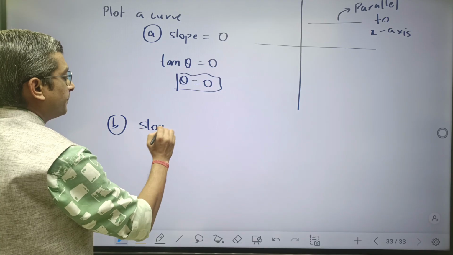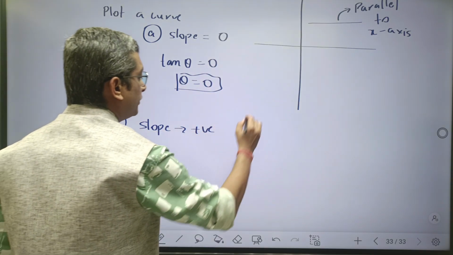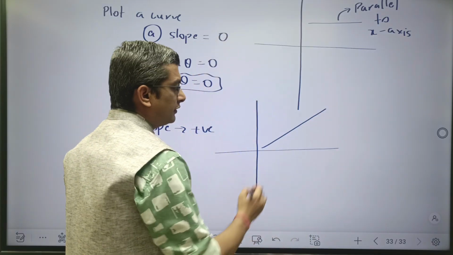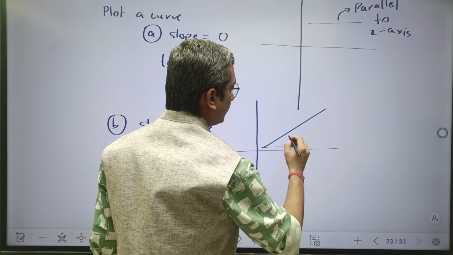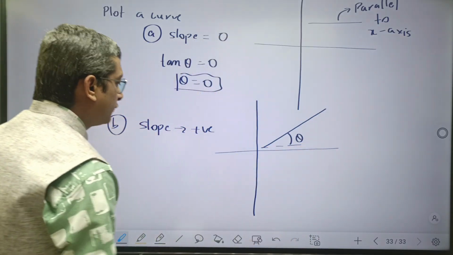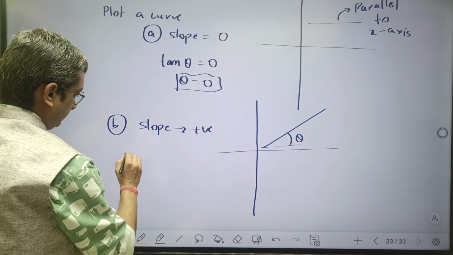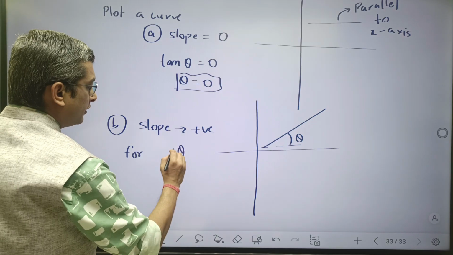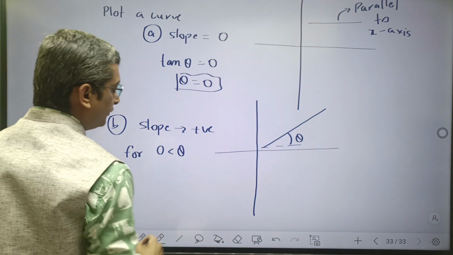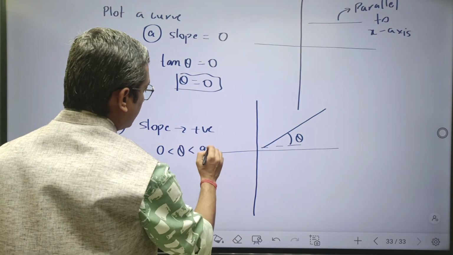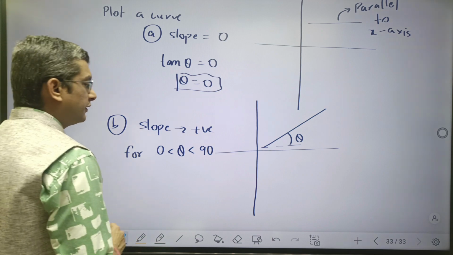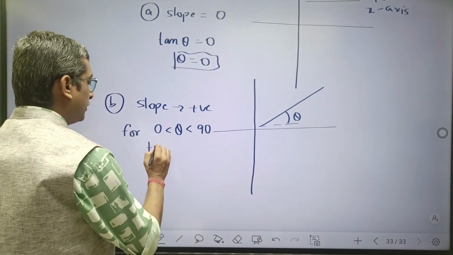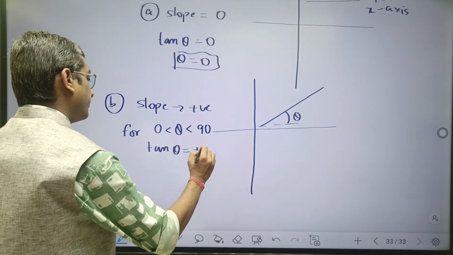Positive slope. Positive means the line is like this one, isn't it? So whenever you take theta greater than 0 degree but less than 90 degree, the slope will be positive, because for this value tan theta is positive.